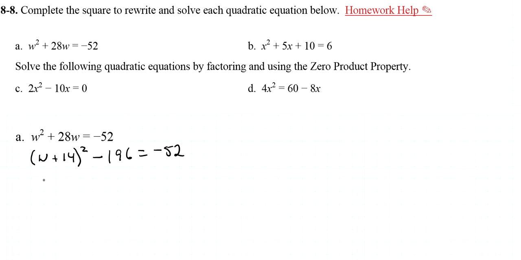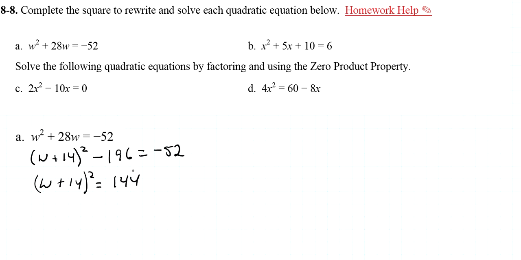And then we get W plus 14 squared equals, we add 196 to both sides, so we get 196 minus 52, and so this is going to be 144.